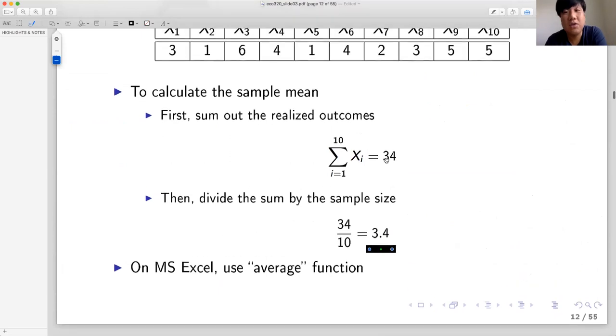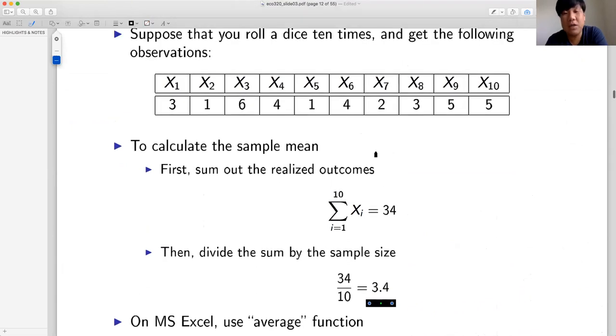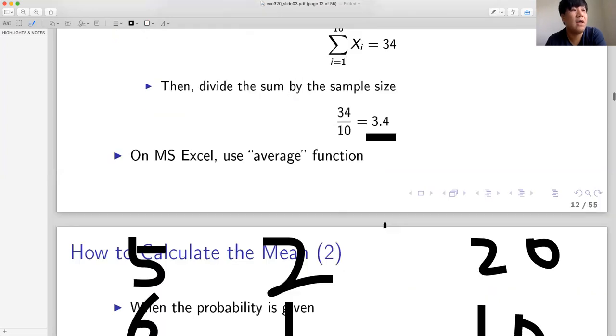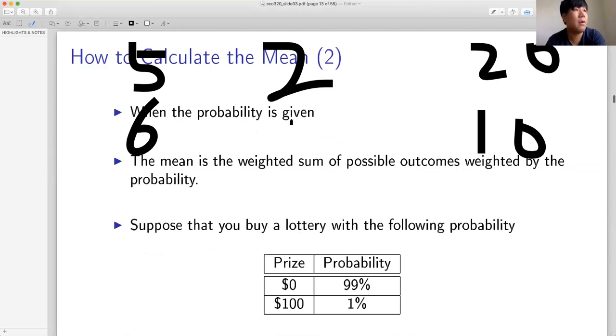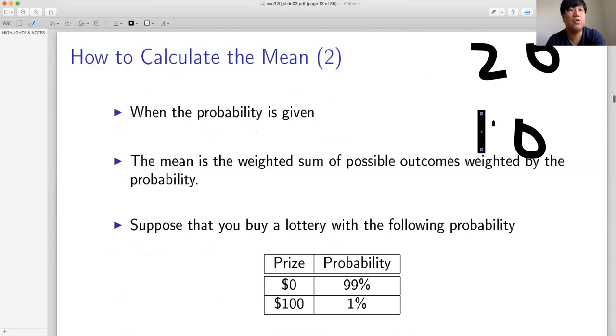So it doesn't matter which one you're using, but you got to understand the concept of weighted and then just sample mean. I know basically everyone can use this method to find the mean, but I think what we are adding, comparing to the previous things you have learned, is a probability. So now you got to take into account the weighting.